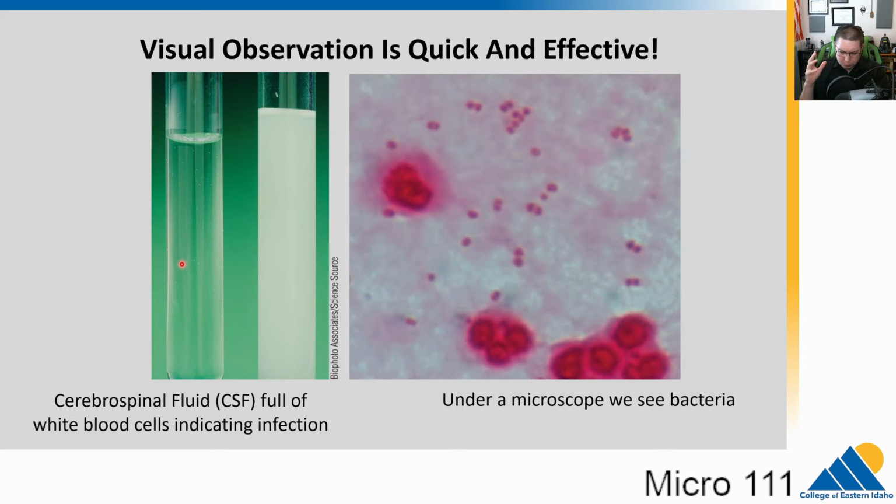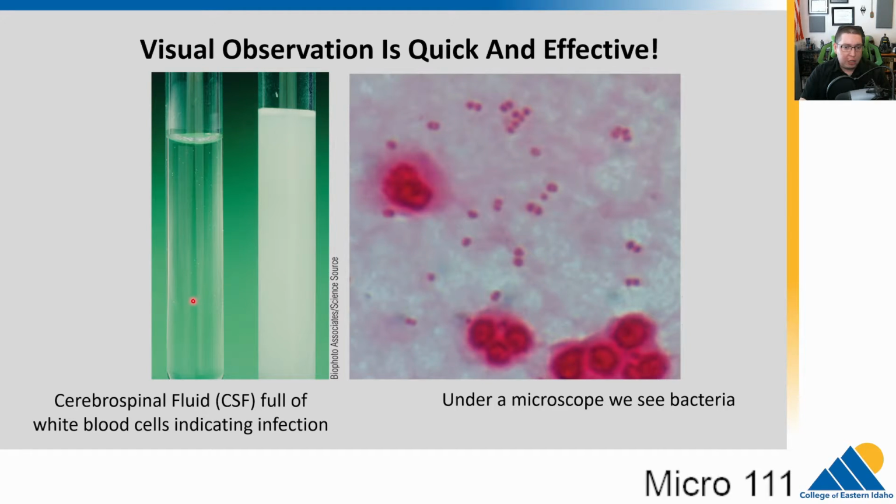Okay, so I want to show a reason why a microscope is useful. Our eyes are super powerful, right? We have the ability to observe our world and notice patterns and things that are going on. But we have a certain kind of limit to what we can see, right? So in this image here, you see two vials.